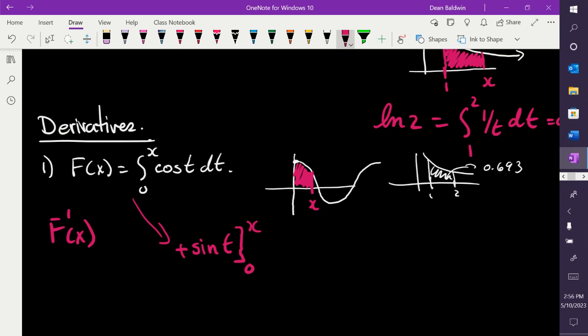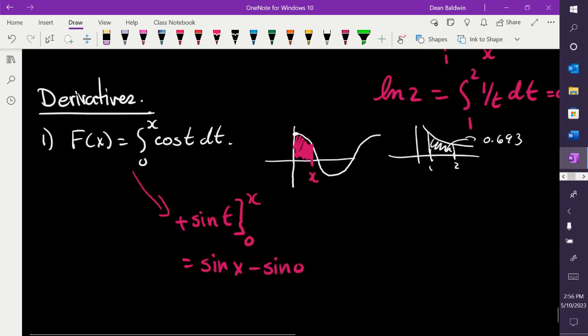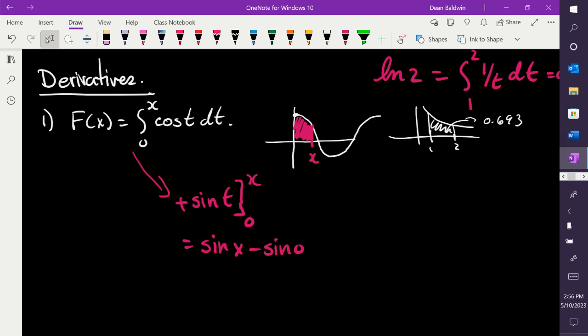I'm just evaluating this, and then I plug in my values. So I get sine of x minus sine of 0. Is everybody with me? Okay.